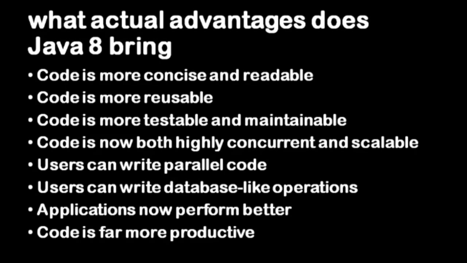We can write parallel code, we can perform database kind of operations. This is one of the interesting parts of Java 8. Applications now perform better as they are performing in parallel, the performance increases, and the code is more productive, we can say. Within less time we can do a lot of coding. So these are the few advantages that I feel Java 8 brought in.